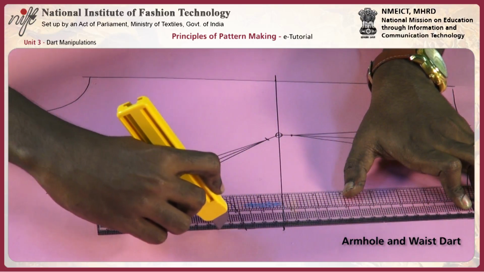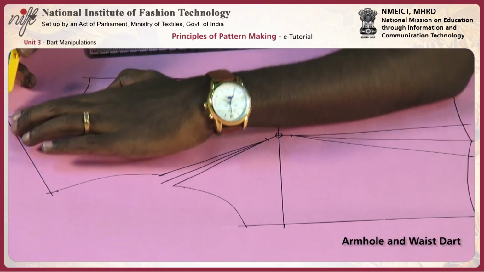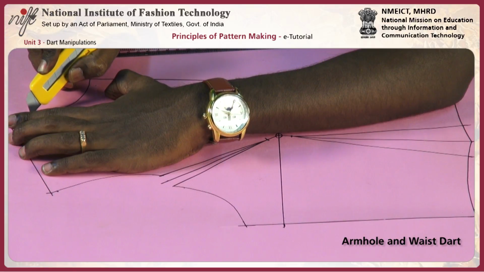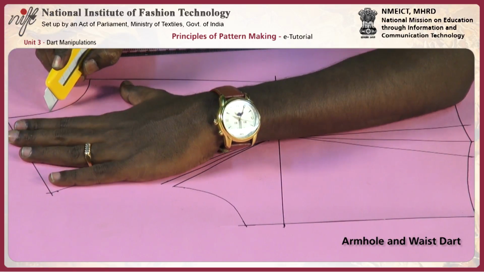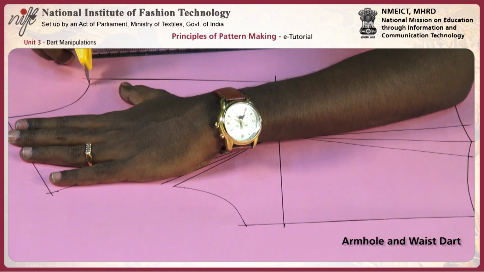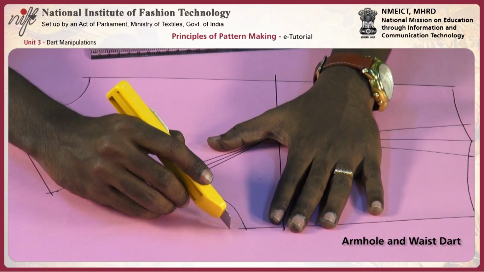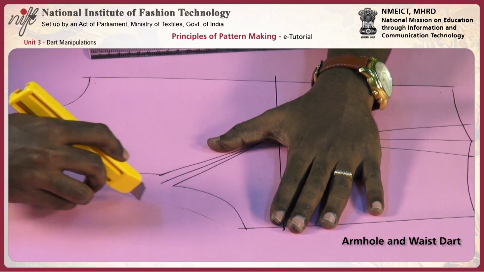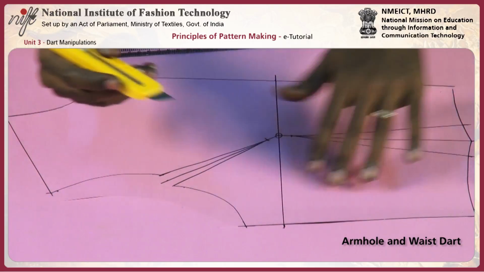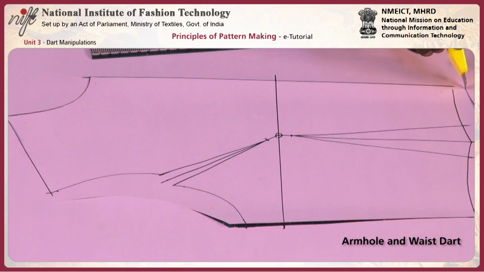Side seam. Neckline. Then leave around 1 inch extra for armhole and waist.